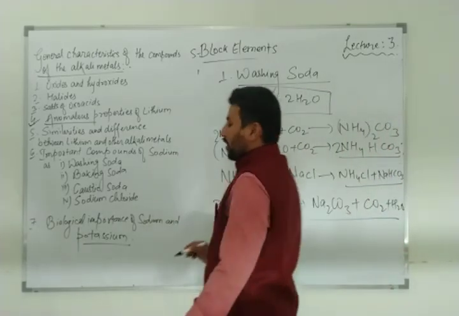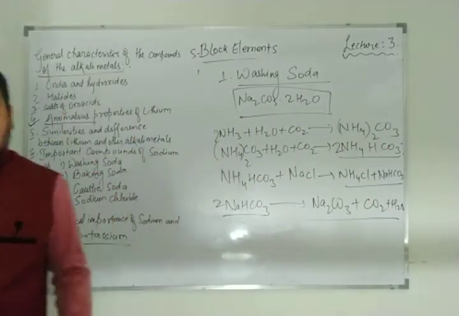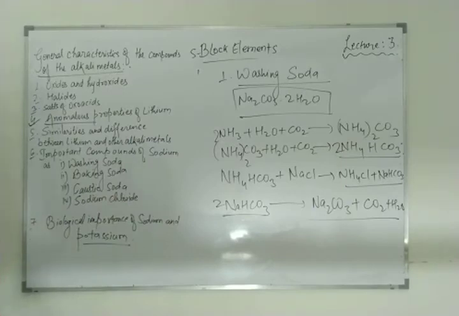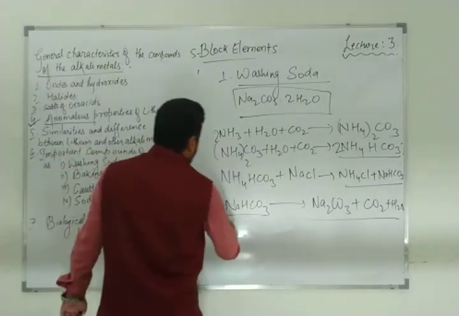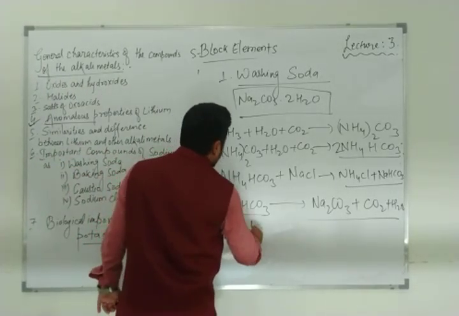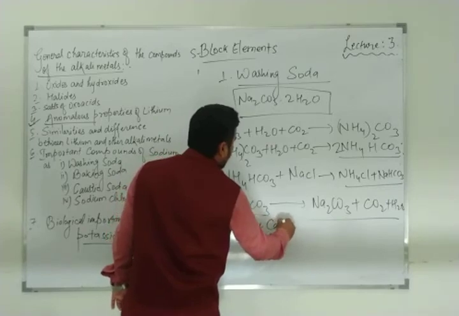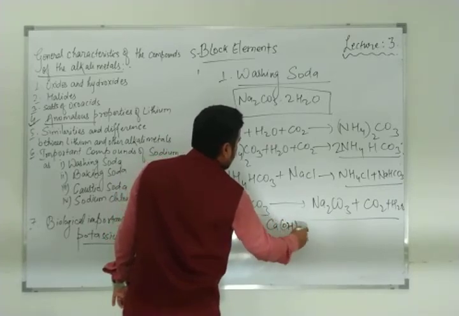So this is the last reaction written on the board. In this process ammonia is recovered when the solution containing ammonium chloride is treated with calcium hydroxide. Calcium chloride is obtained as a byproduct. If you react ammonium chloride with calcium hydroxide, NH4Cl plus Ca(OH)2, you know what will be the product?